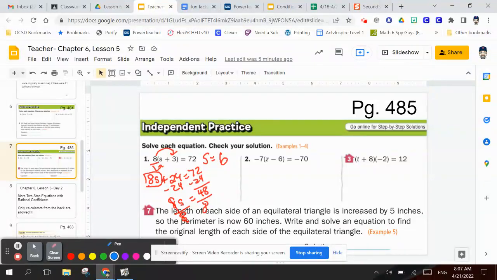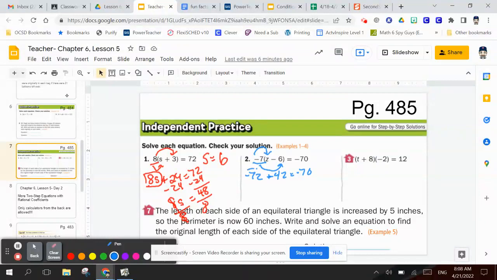Number 2 says negative 7 times the quantity of z minus 6 equals negative 70. So again, distributive property, I multiply the outside number by each of the inside. I get a negative 7z. Negative 7 times a negative 6 is a positive 42 equals negative 70.